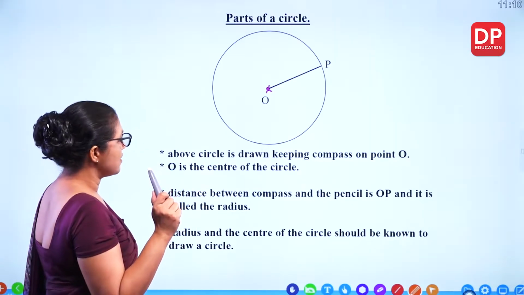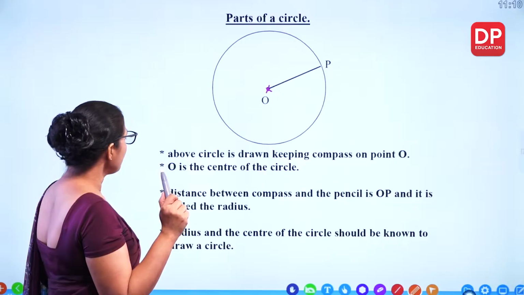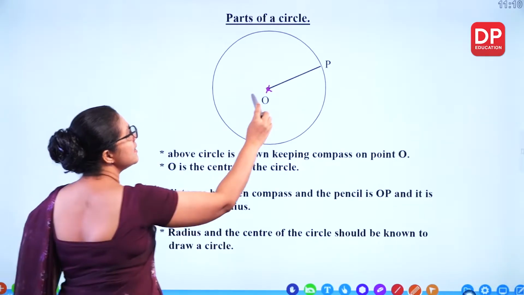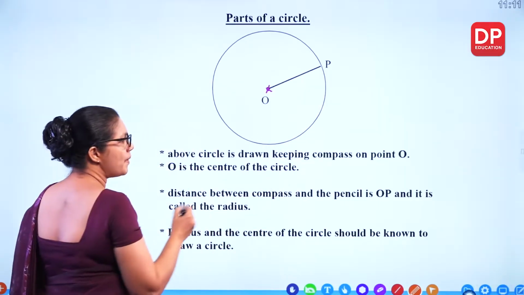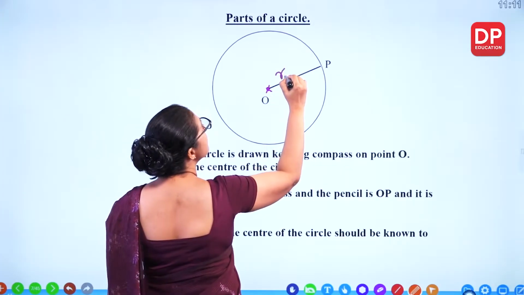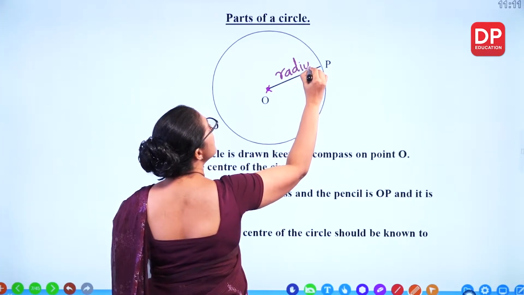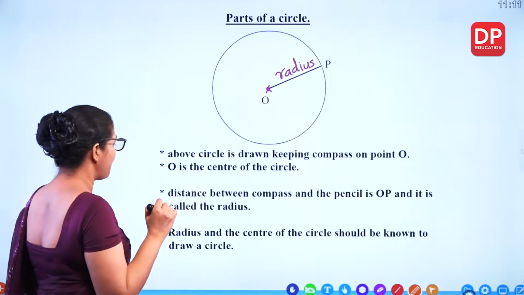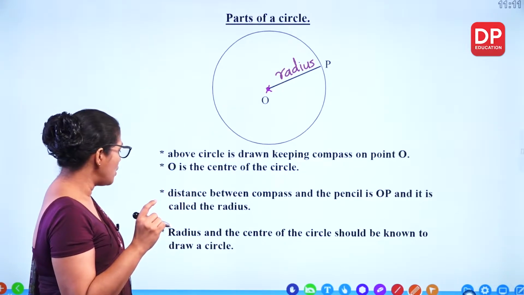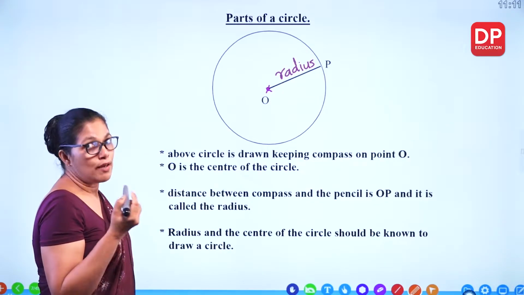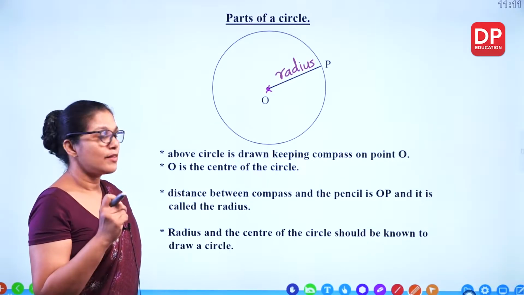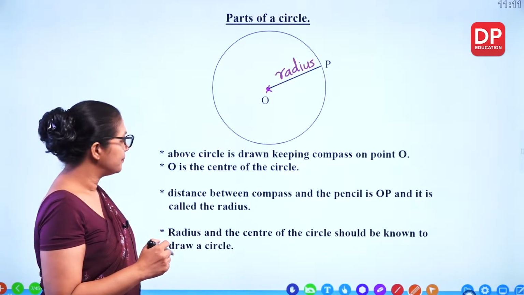So O is the center of the circle and the distance between the compass point and the pencil is the OP distance, and it is called the radius. Radius and the center of the circle should be known to draw a circle. So if you want to draw a circle, you need to know the length of the radius.